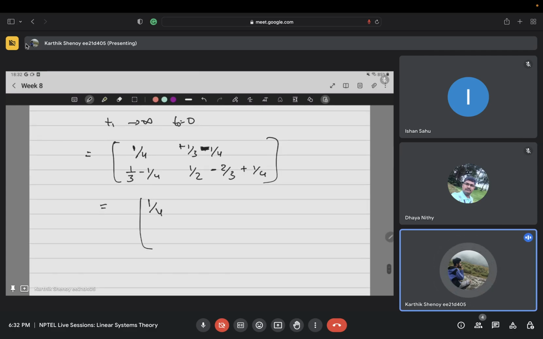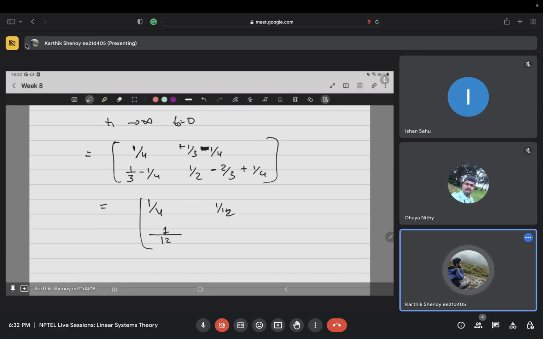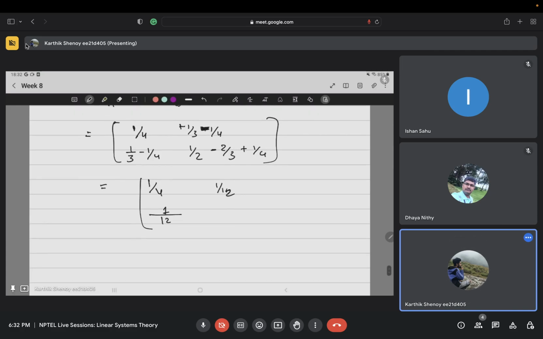1 by 4. Then this is 12 by 1 by 12, correct. This is again 1 by 12. I think it's 24 and it's 2. 12 minus 16 plus 6, I guess.